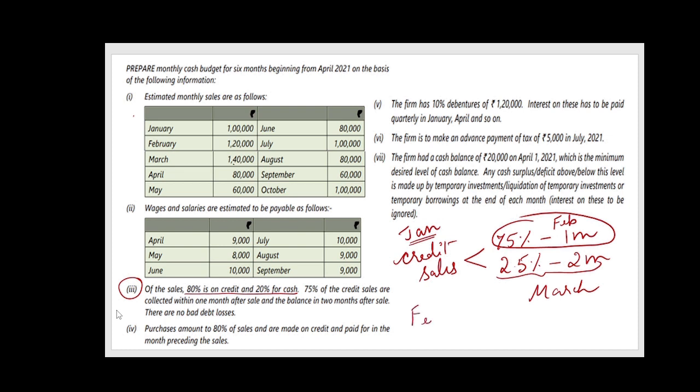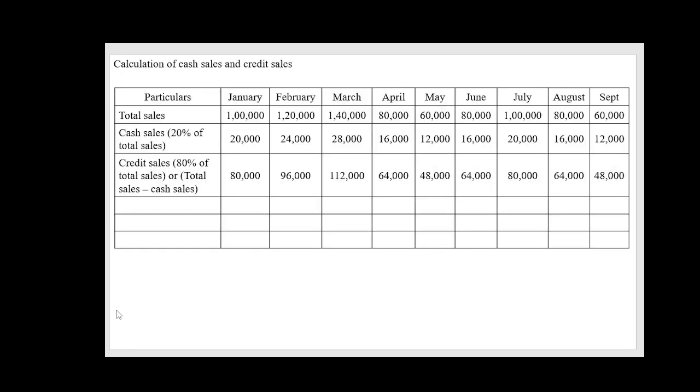Likewise, February sales, 75% of the credit sales of February you will receive in March, and the rest 25% you're going to receive in the month of April. So this is how we are going to fill in when it comes to collection from debtors.